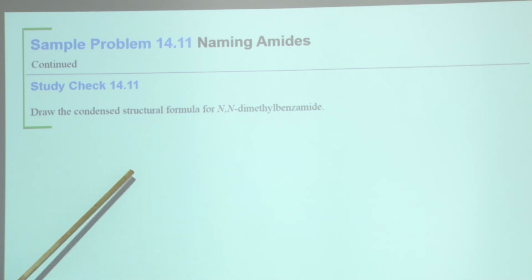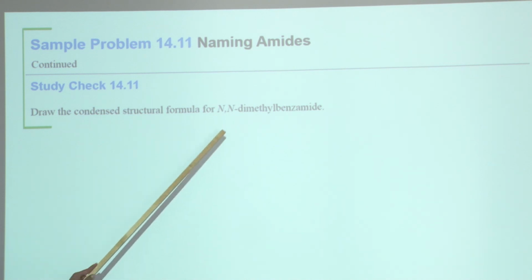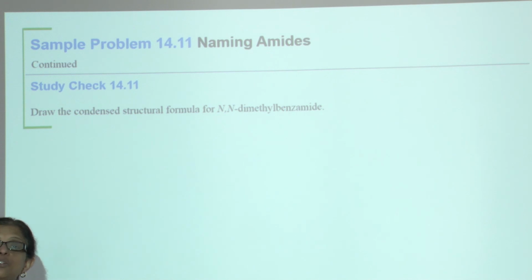You can start with benzoic acid, an aromatic acid, an aromatic ring with the carboxylic group. Replace the OH of the carboxylic group with N,N-dimethylamino. Two hydrogens of the amine are replaced by methyl. There is one hydrogen remaining which is liberated as water using the OH of the acid.